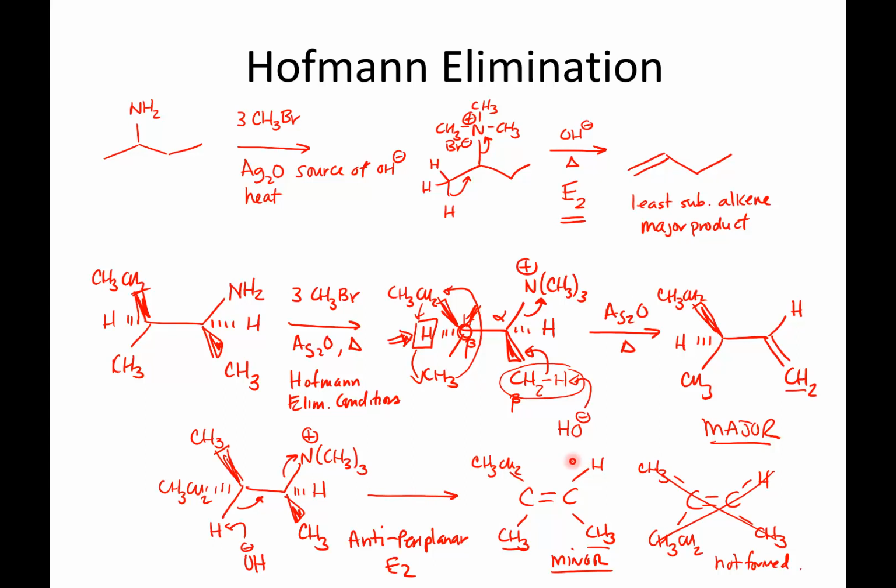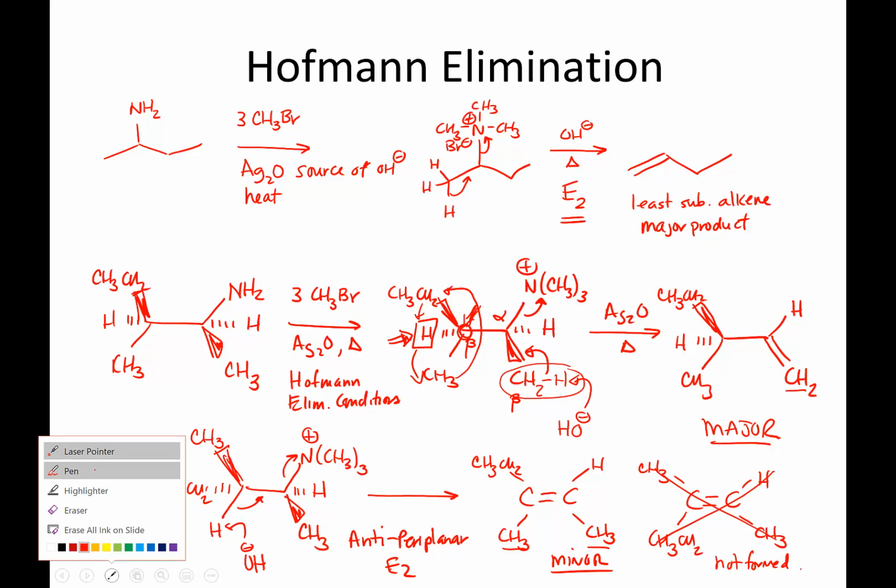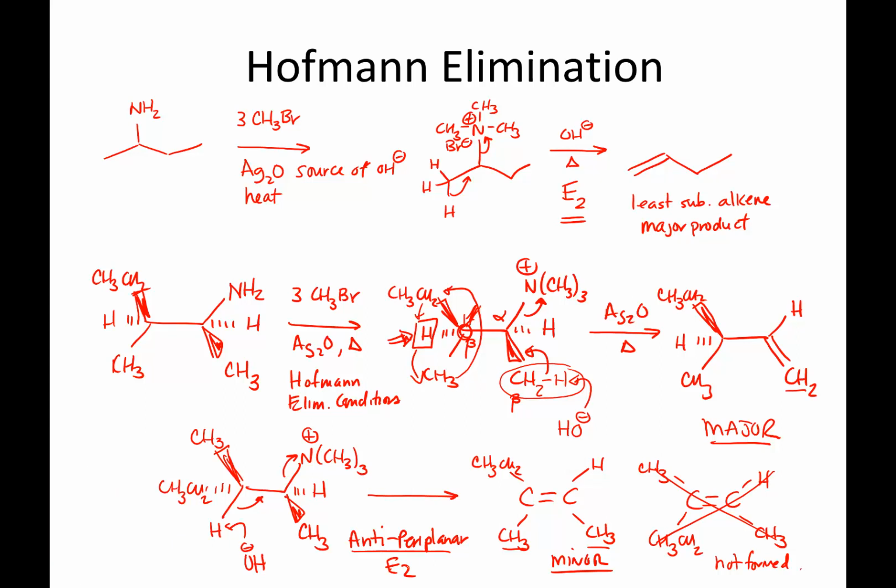Okay? So that's the stereochemistry for the Hofmann elimination. And that's because it basically goes through an E2 mechanism with an anti-periplanar geometry. And that's what's critical about Hofmann elimination.